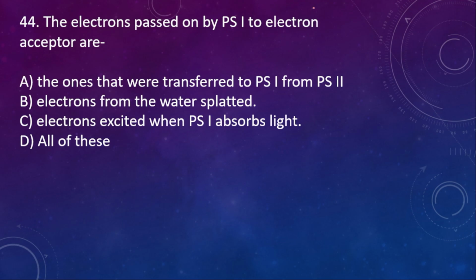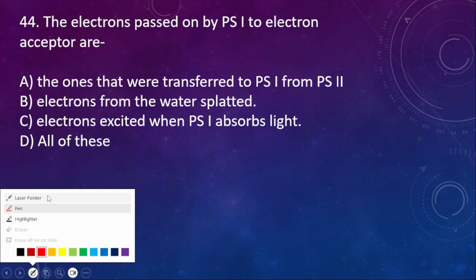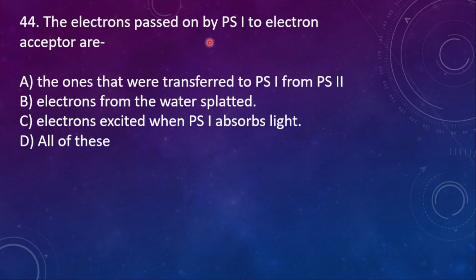44. The electrons passed on by PS1 to the electron acceptor are: A, the ones that were transferred to PS1 from PS2; B, electrons from water splitting; C, electrons excited when PS1 absorbs light; and D, all of this.